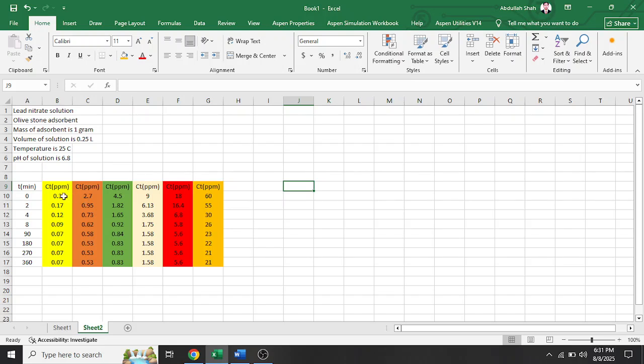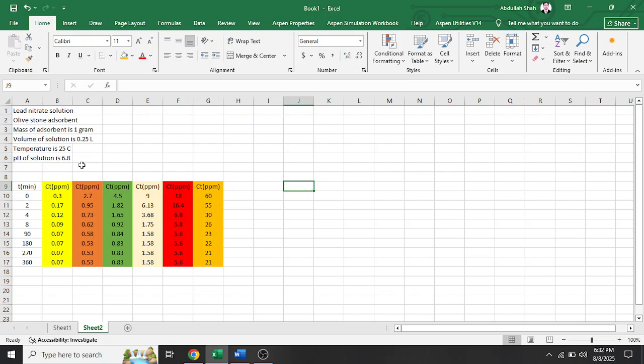We will make these solutions in a glass beaker, and we will take 0.25 liter of solution from each initial solution.